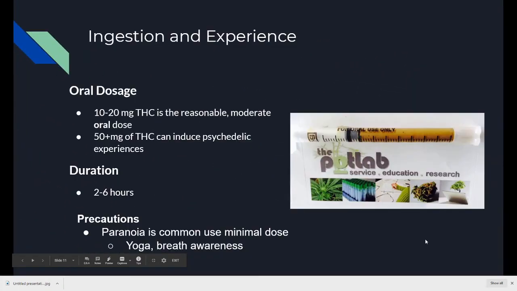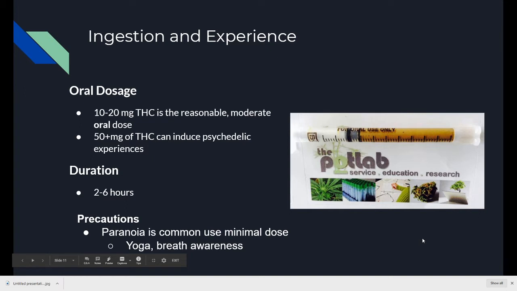Moving on, when you ingest cannabis, or rather THC, you can have an effect at 10 milligrams of THC. 10 milligrams of THC is a low to moderate dose, while 20 milligrams of pure THC would be a higher moderate dose.